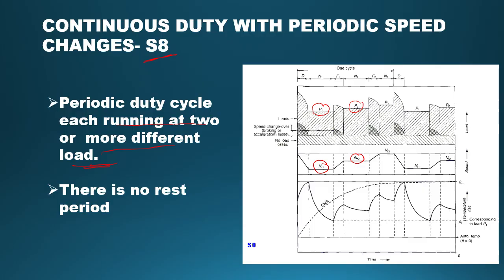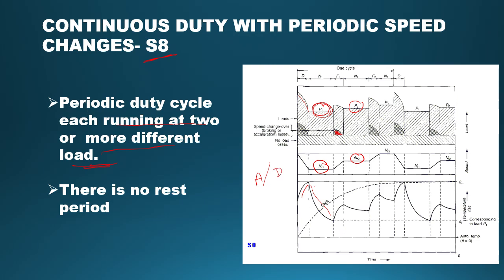During starting, as we have already discussed in many duty cycles, the temperature rise is more because the starting current is there. After that, it comes back to the normal value corresponding to this load. Then there is this, which is not braking but acceleration. It can be acceleration and deceleration.